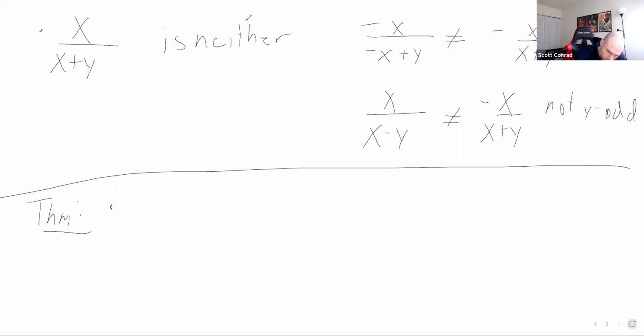So if we have a function which is x odd, and the region D we're integrating it over is symmetrical in the x direction, about x equals 0.